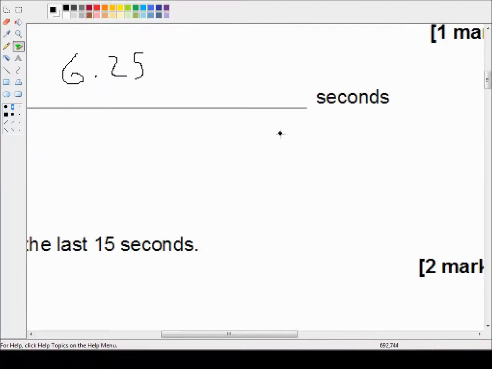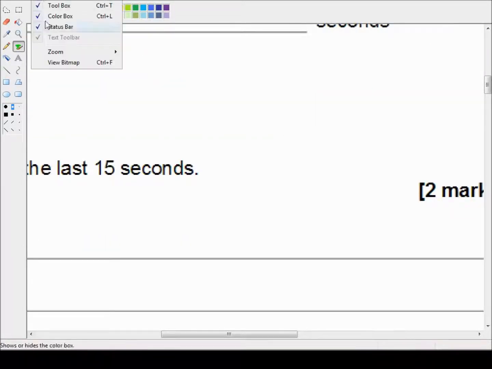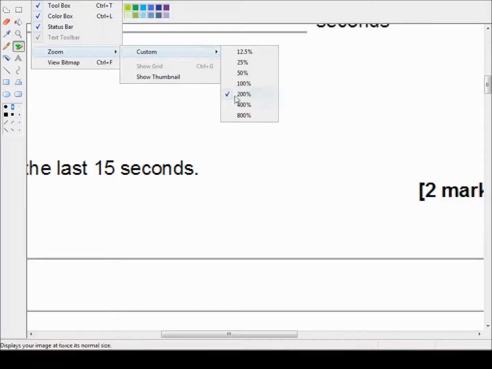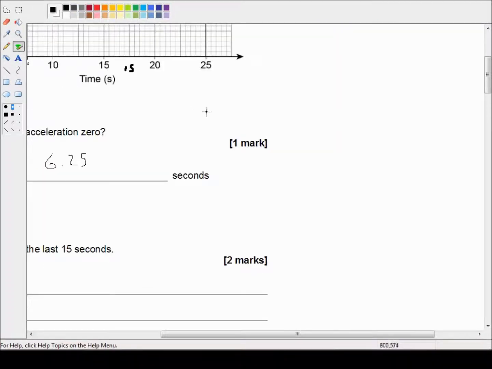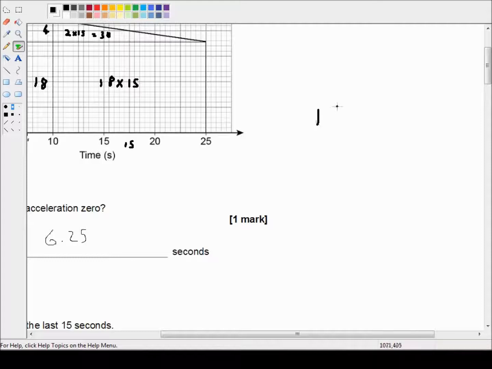Now 18 times 15, let's zoom out. Well, let's just write it out here, 18 times 15. Well, 5 times 8 is 40. 5 times 1 is 5, plus 4 is 9.